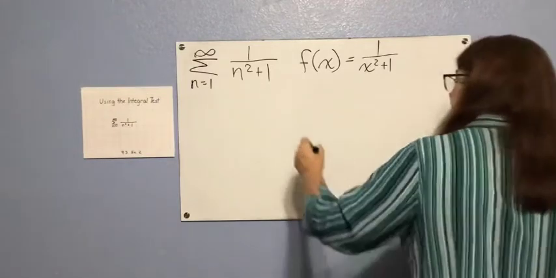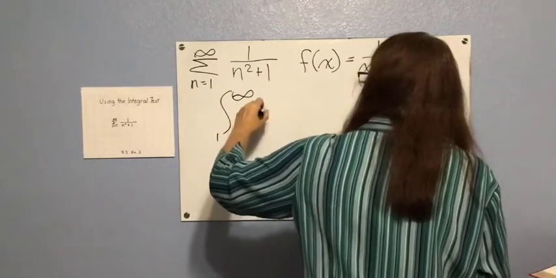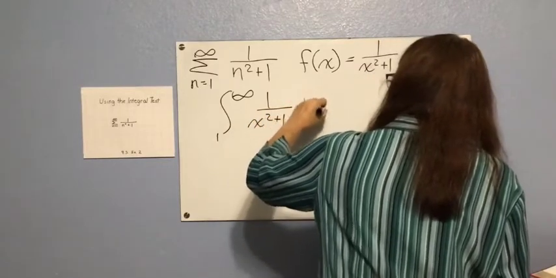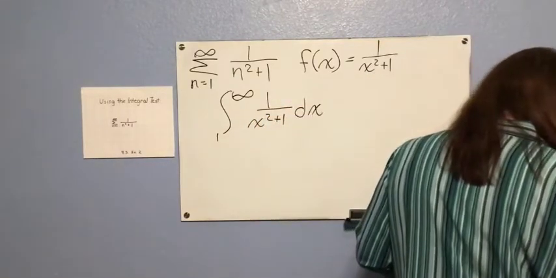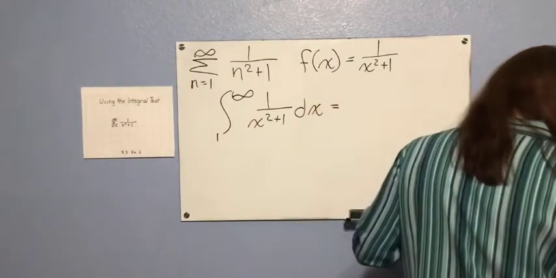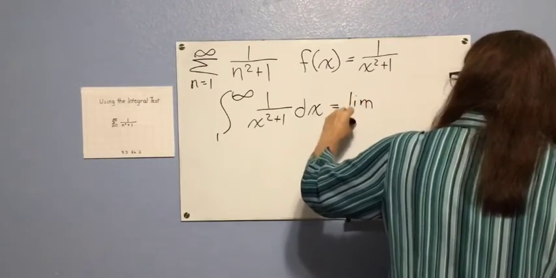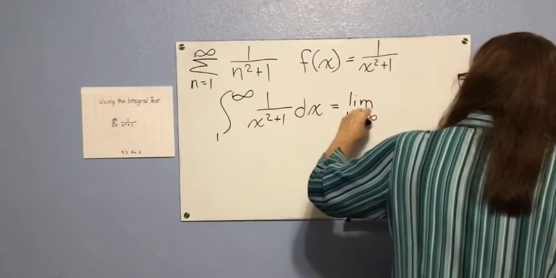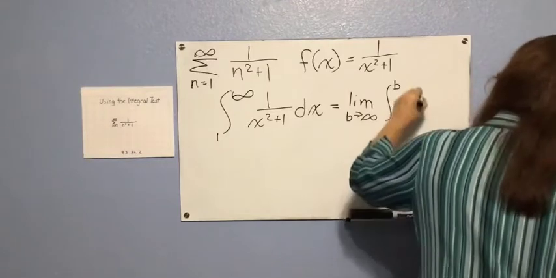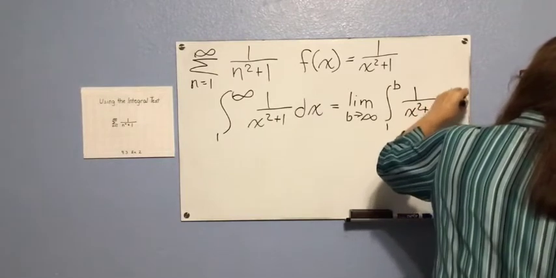So now let's integrate. So there's our integral. The limit as b goes to infinity of the integral from 1 to b of 1 over x squared plus 1 dx.